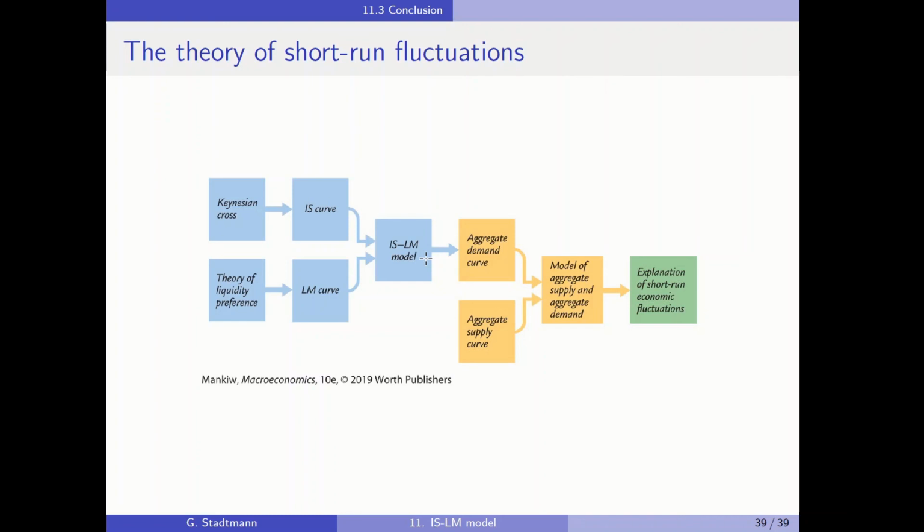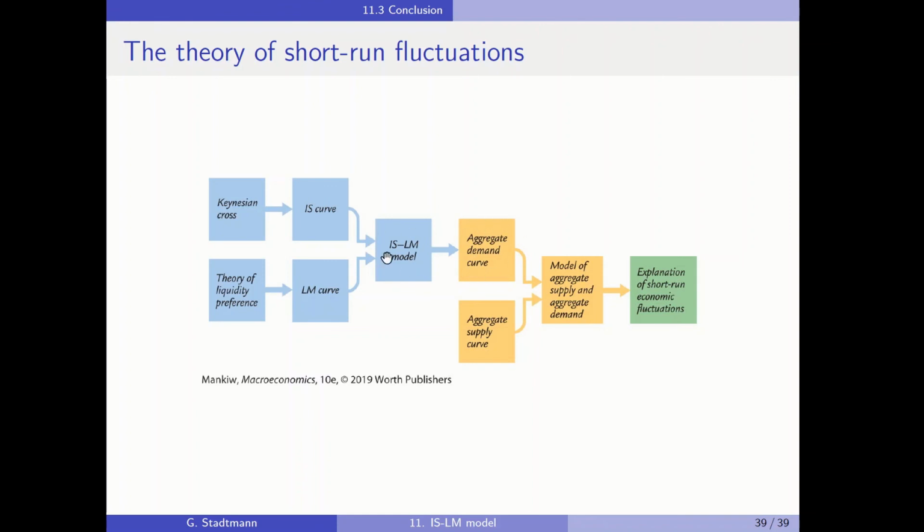We did not work with the IS-LM model yet, but the model is now ready so that we can analyze what happens if the one or the other change happens, how is this shock digested, what about the interest rate and the GDP level, like how do they change in case that the one or the other exogenous variable changes. We use the IS-LM model to look at the aggregate demand curve.